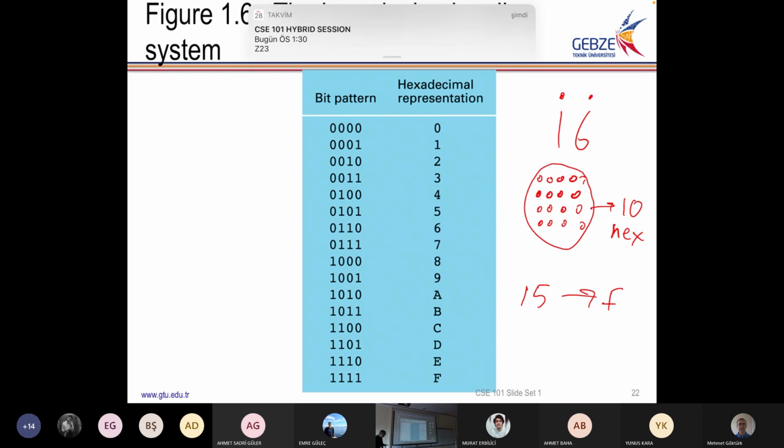Okay. So with the 4-bit structure, we start from 0, 0, 0, 0 to 1, 1, 1, 1, and that makes up 16 numbers starting from 0.